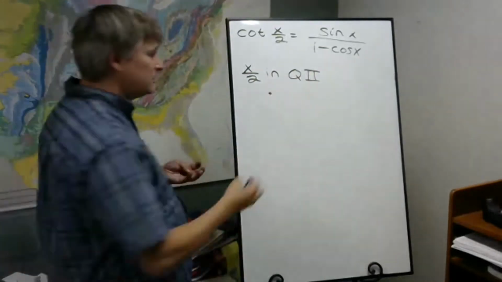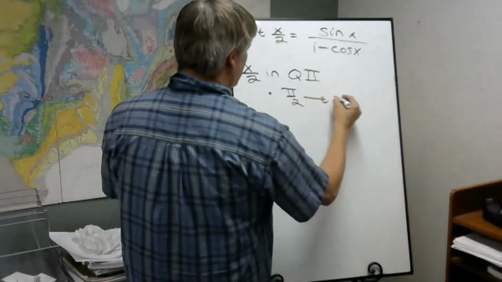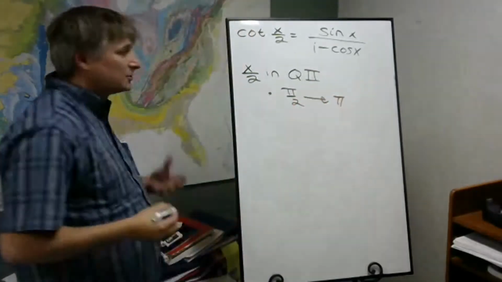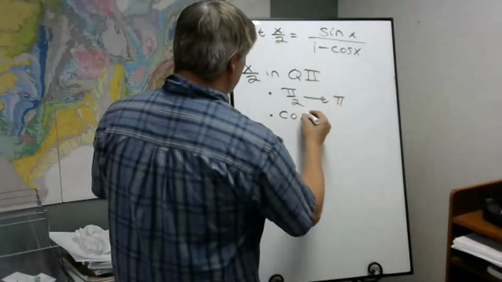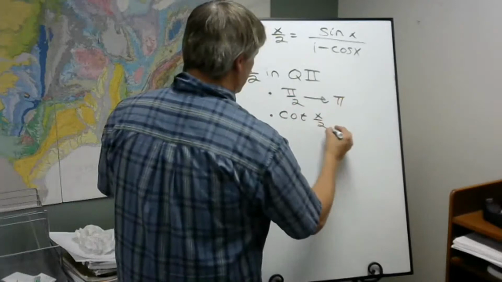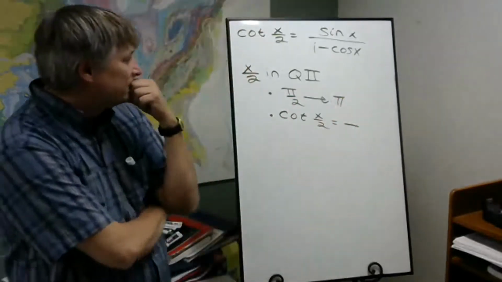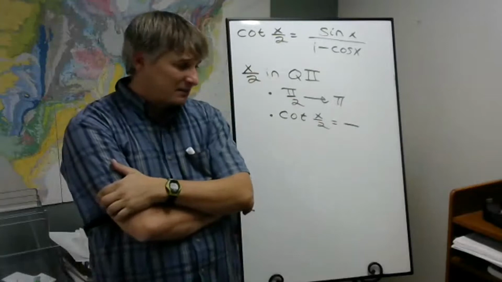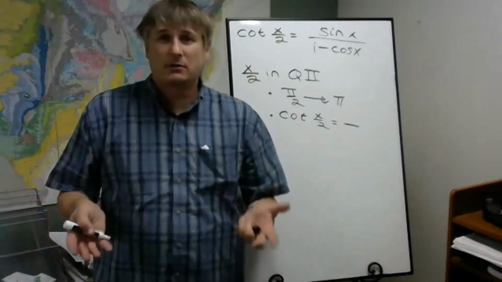So first off, Q2 will be pi over 2 to pi. So what's happening to the cotangent in here? Well, the cotangent of x over 2 is going to be negative. You have a negative cotangent from pi over 2 to pi. And again, I'm doing this by picturing in my mind the graph of cotangent.